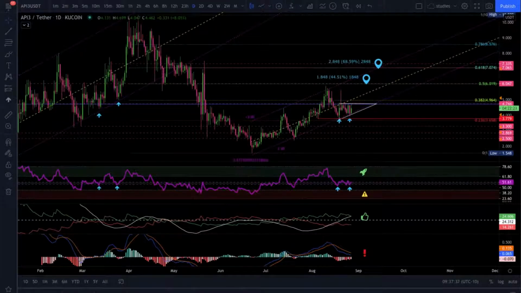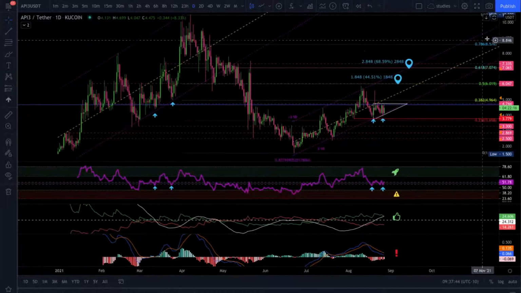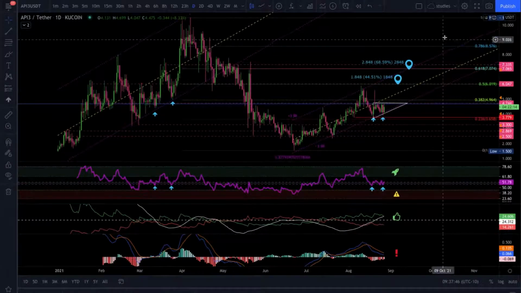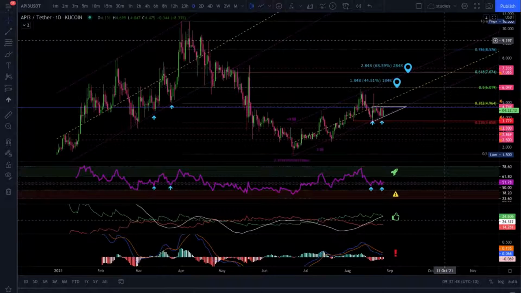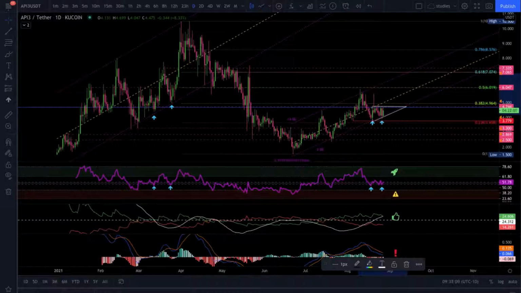Again, this is just going to be a walkthrough of the analysis for my most recent idea to give you an idea of my thought process. The first thing I'm going to do is hide a lot of these things, and bear with me here. I did not prep these layers as well as I could have, so it may take me a second to get rid of some of these things.